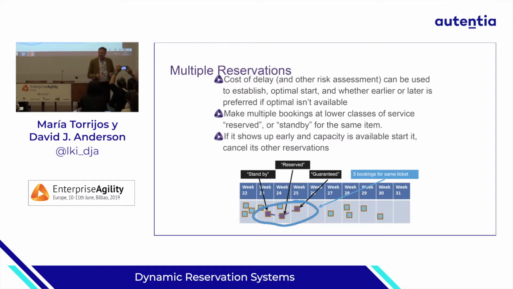Week 25, you better start my ticket or we're not doing business with you again, right? So multiple reservations with different classes of service for the reservation. And if it gets started on week 24, then the week 25 reservation just gets deleted from the system.